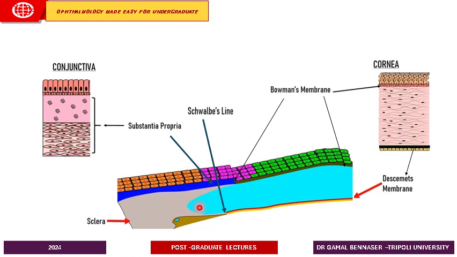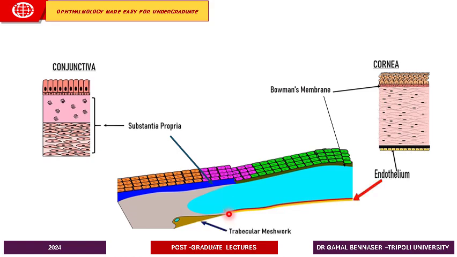And then the Descemet's membrane will terminate abruptly as Schwalbe's line, and finally the corneal endothelium will continue with the epithelium that covers the trabecular meshwork. This is the exact transition between the cornea and the conjunctiva as well as the sclera, which constitutes the histological limbus. This is the histological limbus.